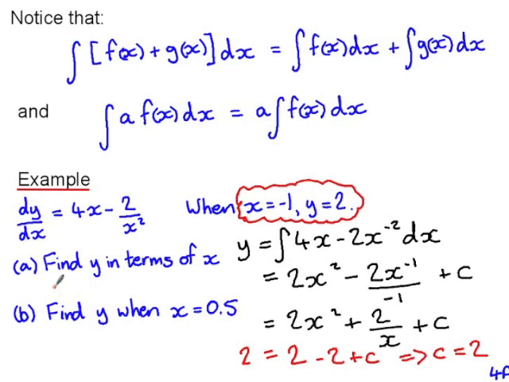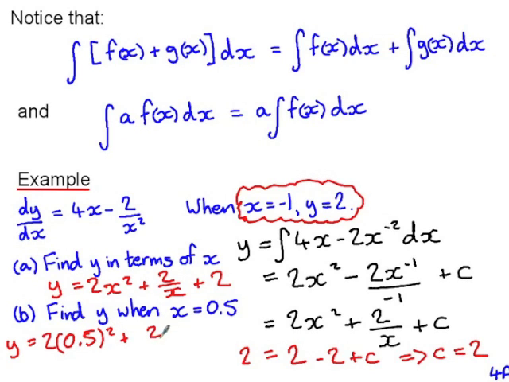So y in terms of x is y is 2x squared plus 2 over x plus 2. And then we can find the value of y when x is 0.5 by substituting in x equals 0.5. So y is equal to 2, 0.5 squared plus 2 over 0.5 plus 2, which is 6.5.